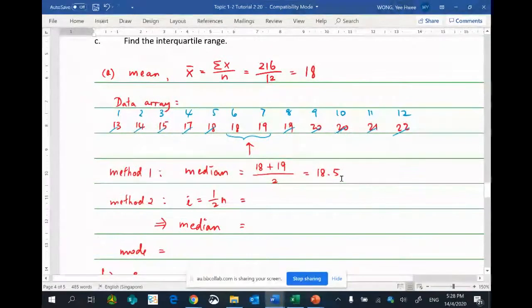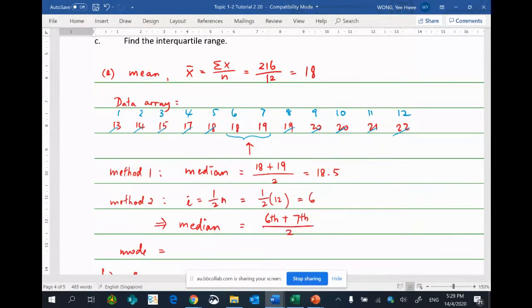Okay, what's the second method? The second method is using the i formula. So we know there are 12 numbers, so the n is 12. So the i will be half of 12, which is 6. Now you get a round number. When you're using this formula and you get a round number, that means you're going to get the sixth number in the data set plus the next number.